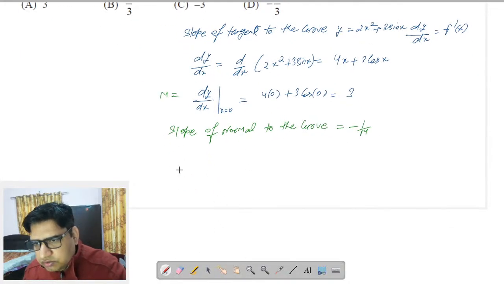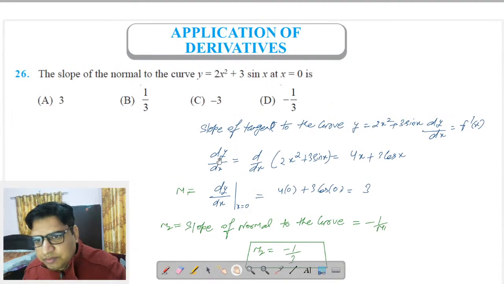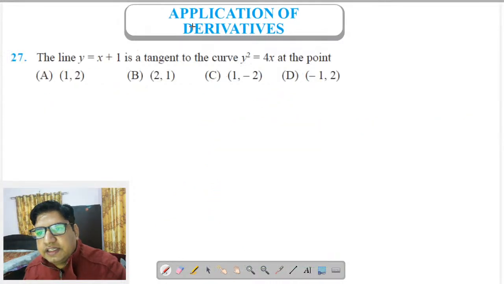So m2 will be equal to minus 1 upon 3. Okay, so slope of normal to the curve is minus 1 upon 3, and that is what we were supposed to find out. So the correct answer is m2 is equal to minus 1 by 3. So D is the correct answer here. Okay, and I hope you have understood.